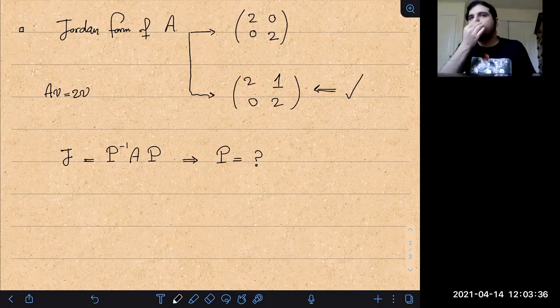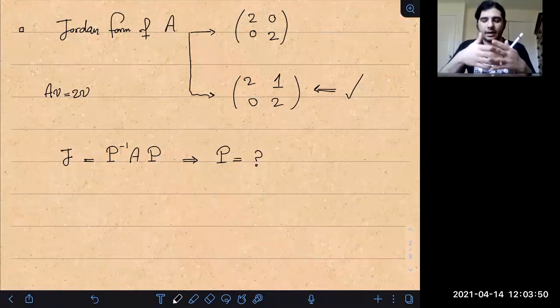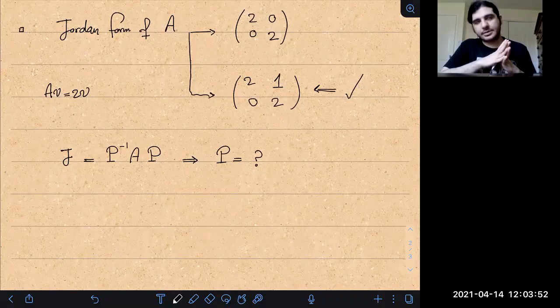If you remember, this matrix P can be constructed using the vectors we found in the kernel, or in the eigenspace or generalized eigenspace of our matrix.